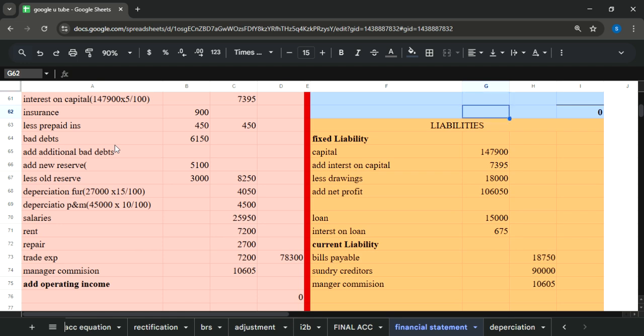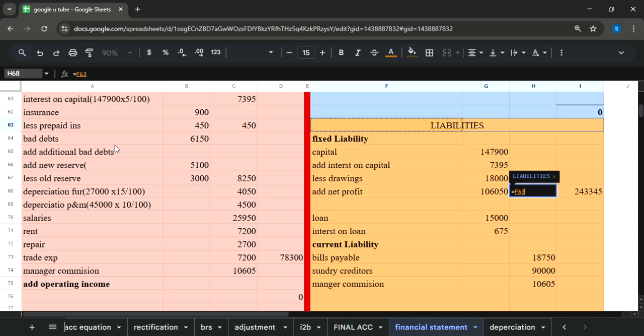So after completion of this fixed liability side, we are ready to calculate final amount. This was your capital. You need to add interest on capital, then you will subtract drawings, and then you will add net profit. So final amount of fixed liability side would be written over here. Okay, we need to calculate it again.